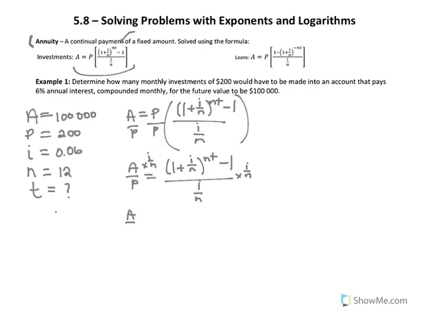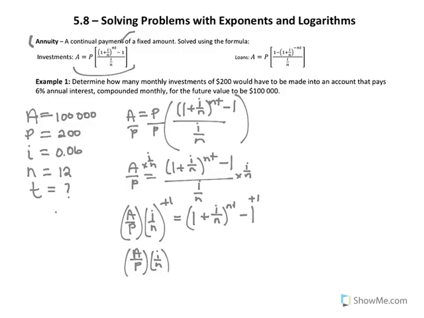So I have A over P times I over n, and that's going to be equal to 1 plus I over n to the power of nt minus 1. Now I'm going to add 1. So I have A over P times I over n plus 1 equals 1 plus I over n to the power of nt.